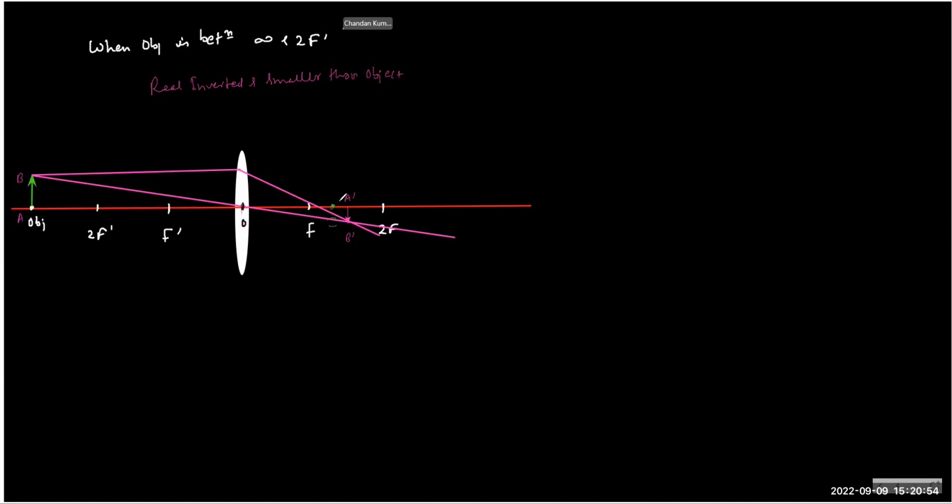So do I need to write all, or just take the one specific case? I'll just mention this clearly and easily. When the object is at 2f dash, what will happen?